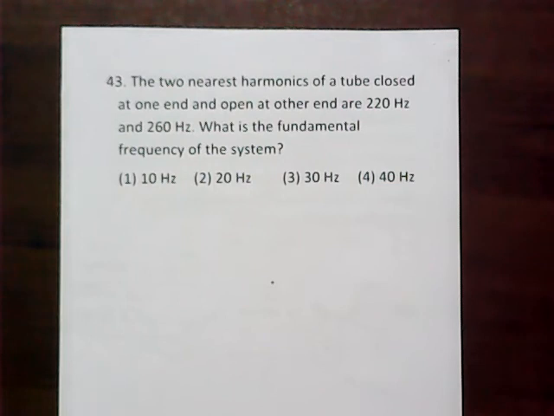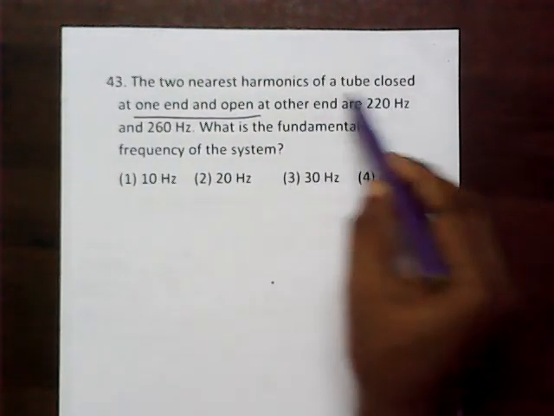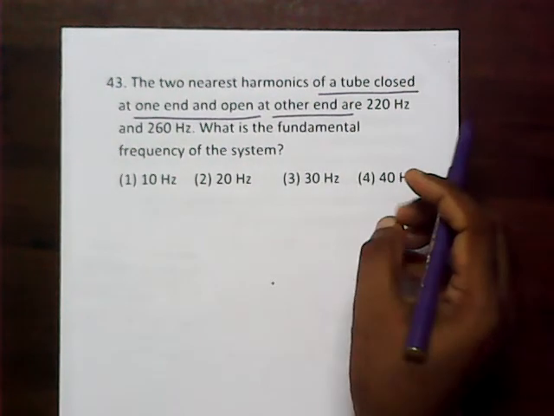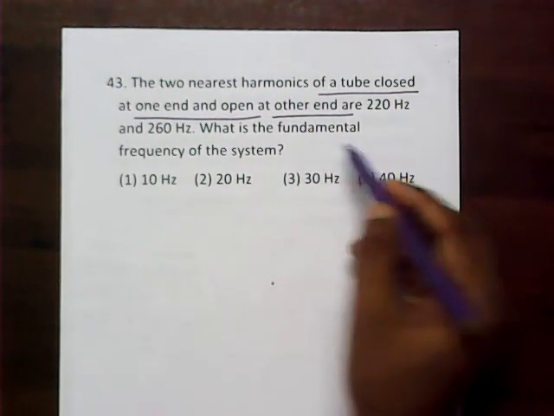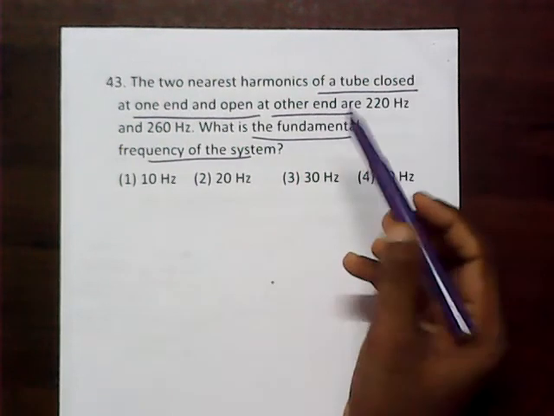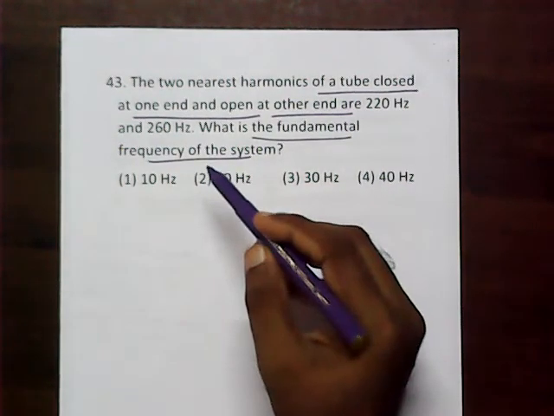The two nearest harmonics of a tube closed at one end. So it is a very important concept. Keep in mind, what is the fundamental frequency of the system? The nearest harmonics are given as 220 and 260.